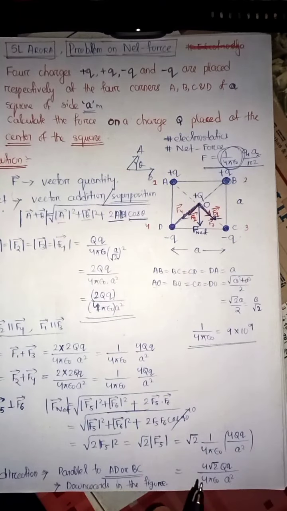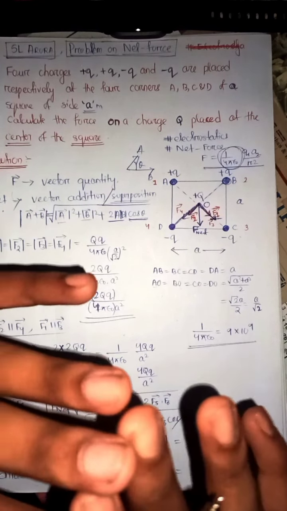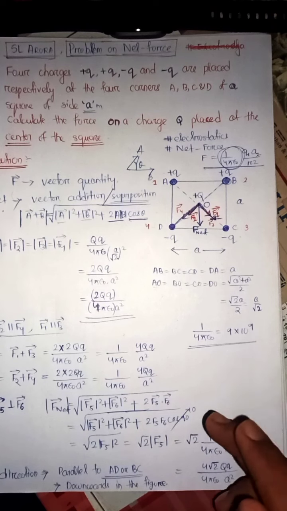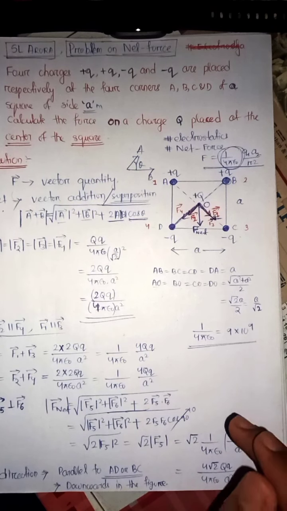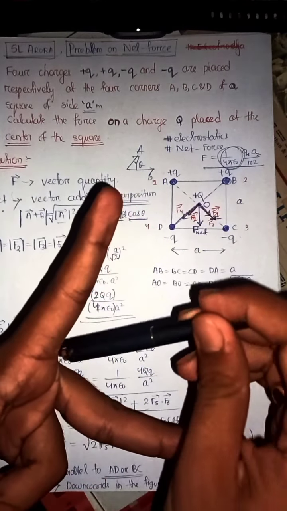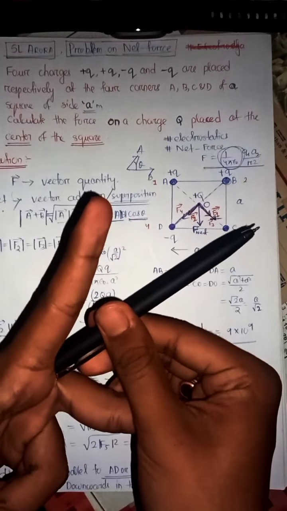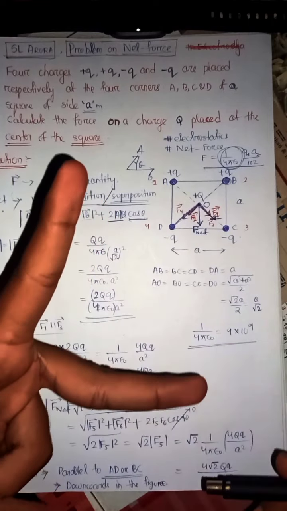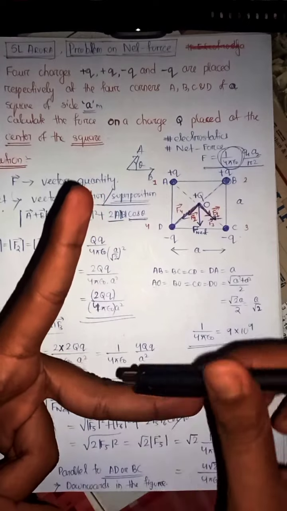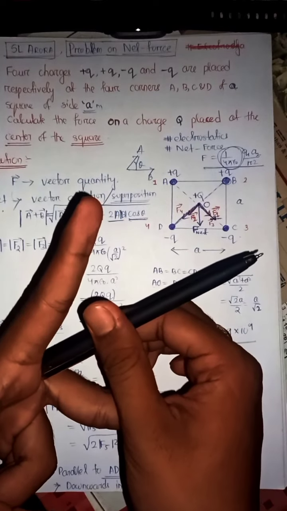So we can simply add. If the angle is 0, that means if parallel, we can simply add up the vectors to find the net vector. But if they are perpendicular, the net vector will be in the direction in between them, like this. If the vectors are like this, they are perpendicular. The net vector is in between.